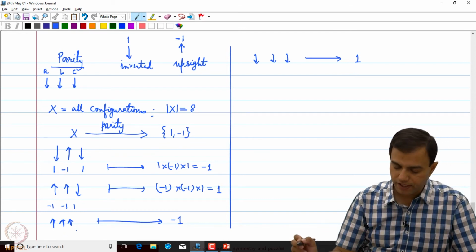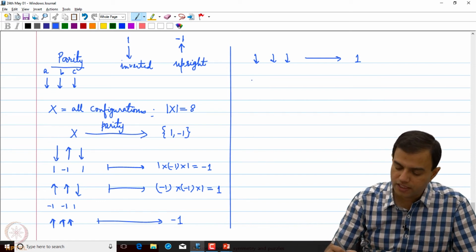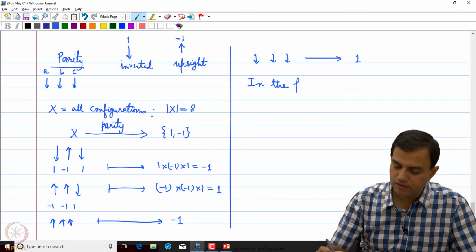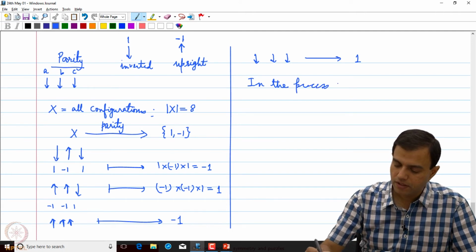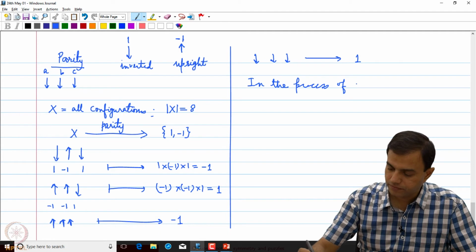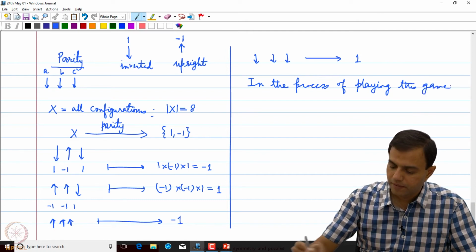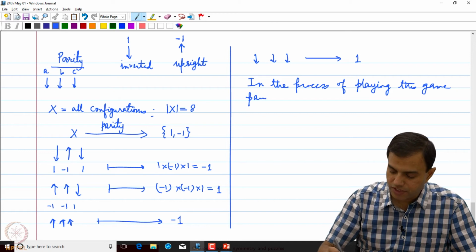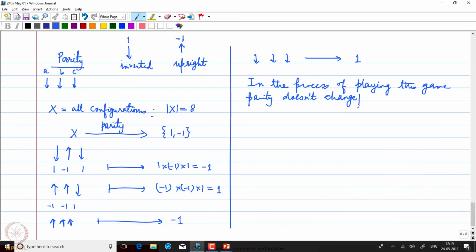So parities are different. And the interesting thing is that the process of playing this game does not change parity. Why?